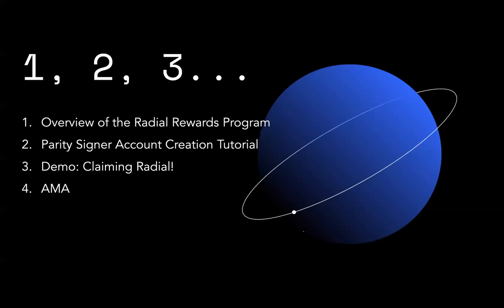And so here's an overview of how today's going to look. I'm going to give an overview of the program just to refresh everyone's memory of what that looks like. Then I'm going to give everyone a tutorial of Parity Signer, how to set up an account using that. And then I'm going to hand it off to Philip Stanislaus, who's going to give a demo to claim Radial yourself on Centrifuge chain. And then we'll have some time for an AMA at the end.